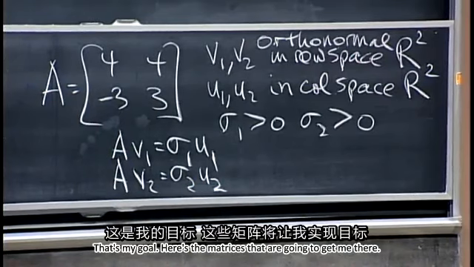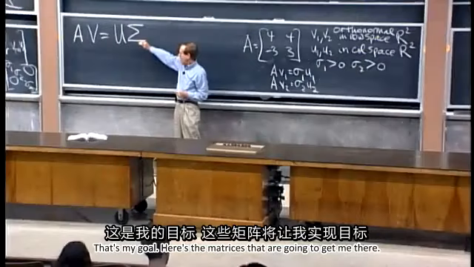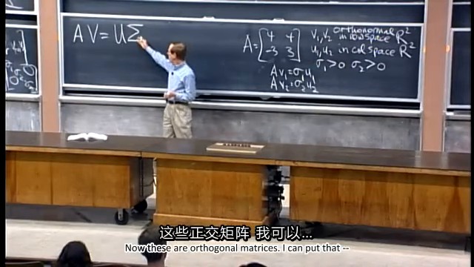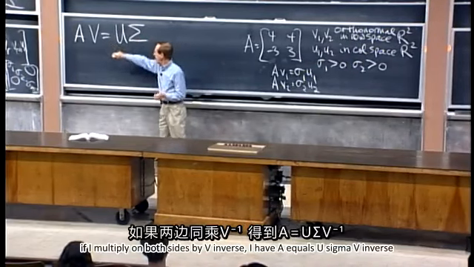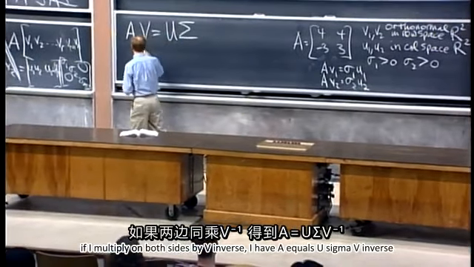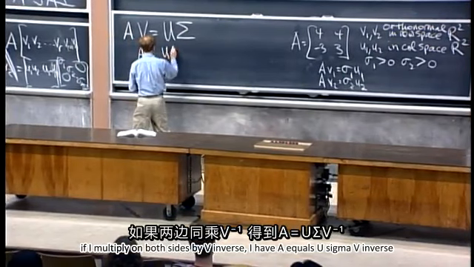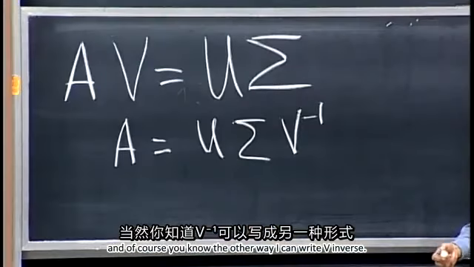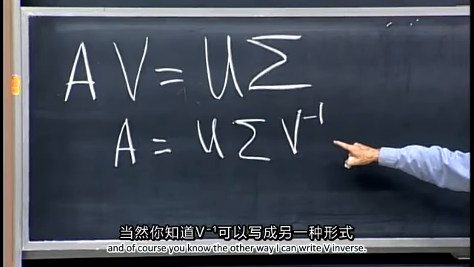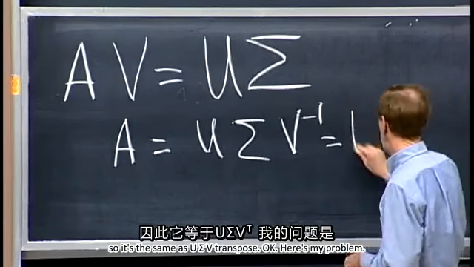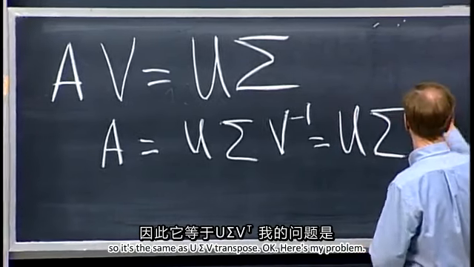That's my goal. Here are the matrices that are going to get me there. Now, these are orthogonal matrices. If I multiply on both sides by V inverse, I have A equals U sigma V inverse. And of course, you know the other way I can write V inverse. This is one of those square orthogonal matrices, so it's the same as U sigma V transpose.